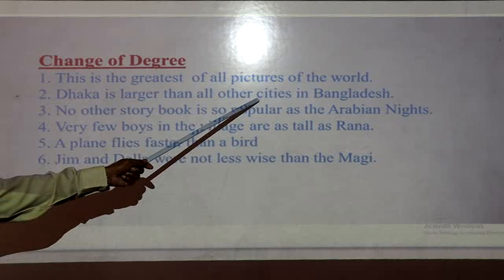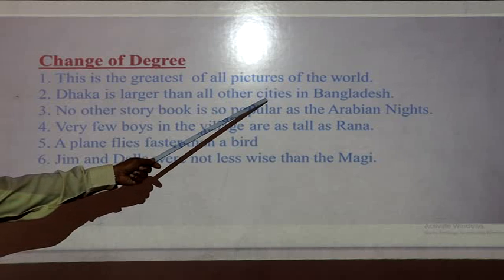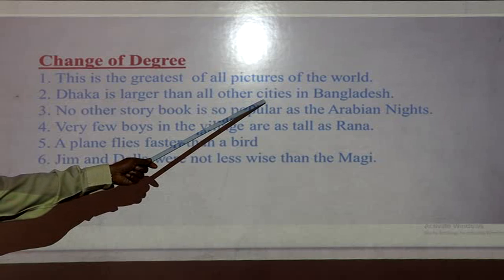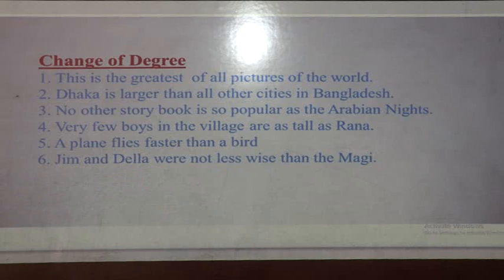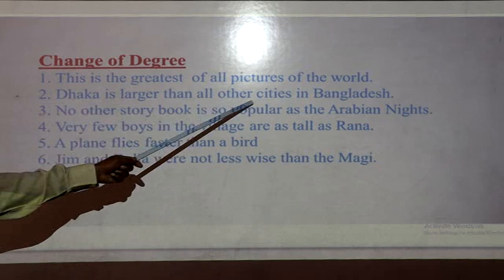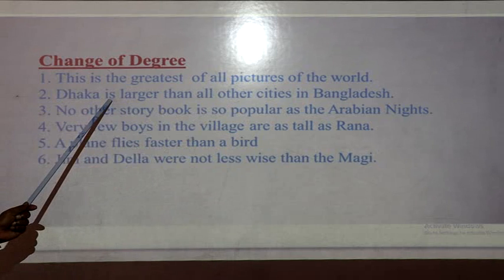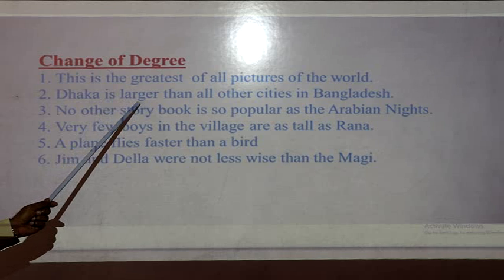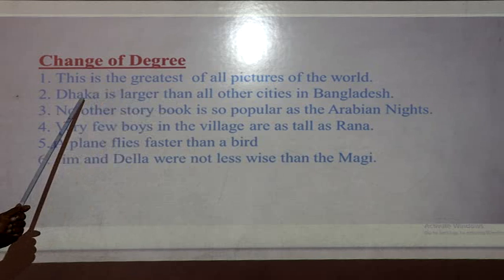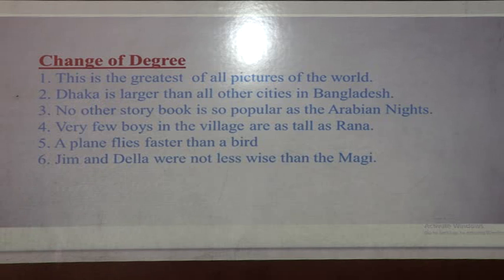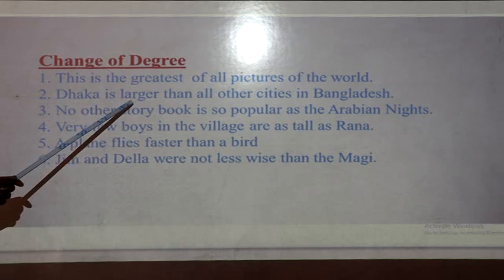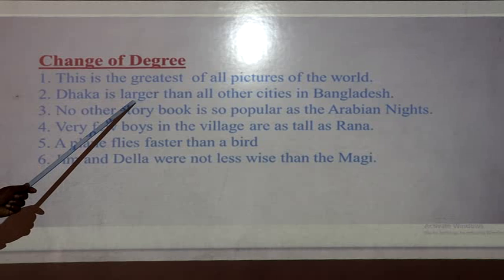In case of this sentence, we have to make it singular, and before the singular noun we have to use no other. So we can write: No other city in Bangladesh is as large as Dhaka. In place of larger we have to use large, positive form.